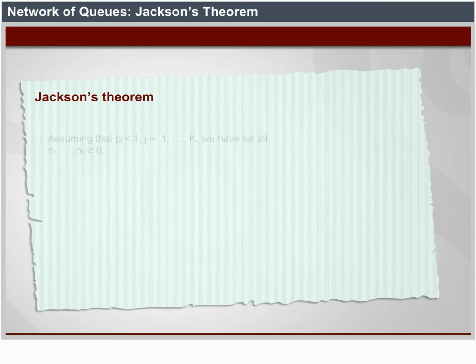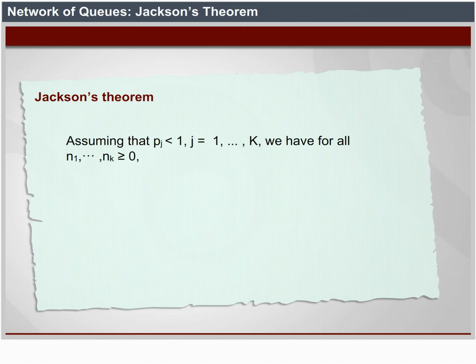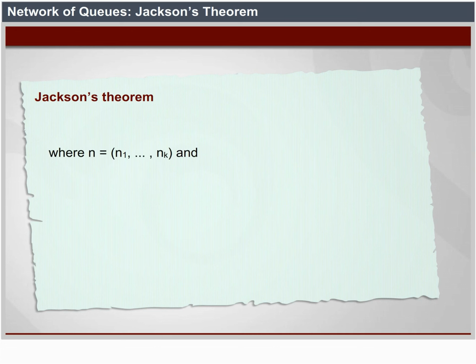Assuming that rho_j less than 1, j equal to 1 to k, we have for all n_1 to n_k greater than or equal to 0, p(n) is equal to p_1(n_1) p_2(n_2) to p_k(n_k), where n is equal to n_1 to n_k and p_j(n_j) is equal to rho_j to the power n_j times 1 minus rho_j, n_j greater than or equal to 0.